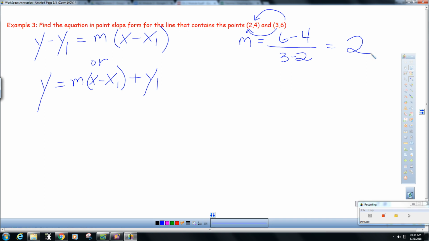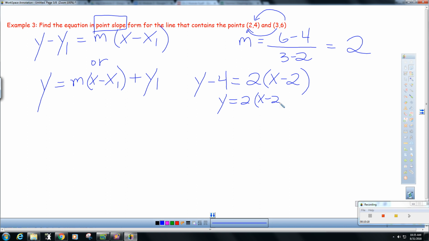We want it in point-slope form, so which point should we use? It doesn't matter, so we could have really 2 or 4 different answers. If we use the first point, y minus 4 equals 2 times x minus 2, we could also write that as y equals 2 times x minus 2 plus 4.